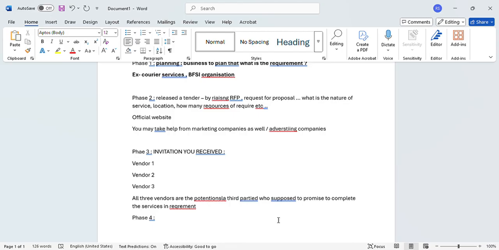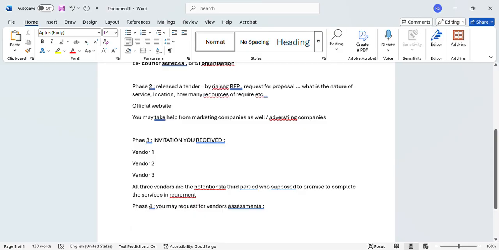As you know, you received the vendors' requests as invitations. After this, you request vendor 1, vendor 2 and vendor number 3 for assessment. Now, assessment comes under two types. You may request vendor assessments, which would be completed in two phases.